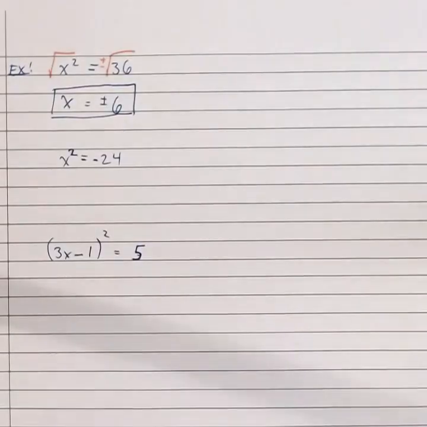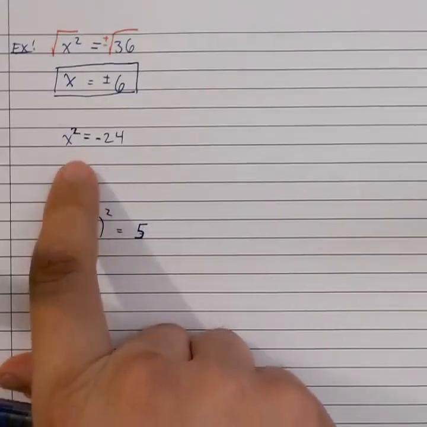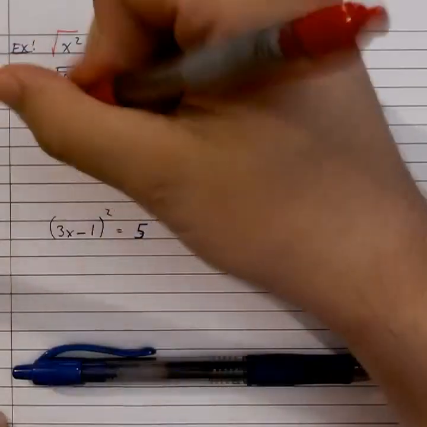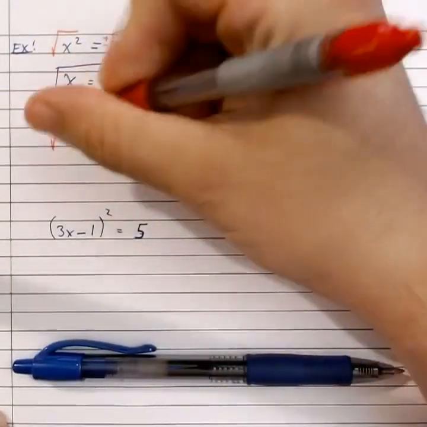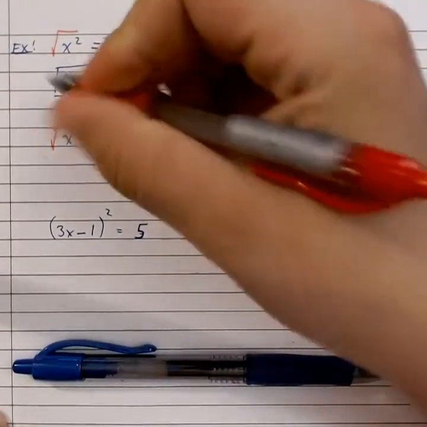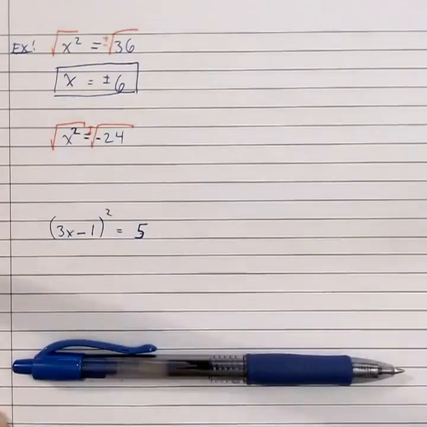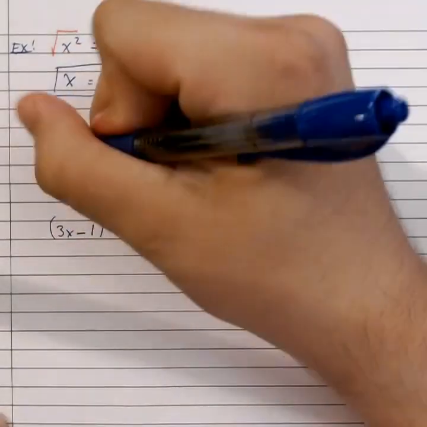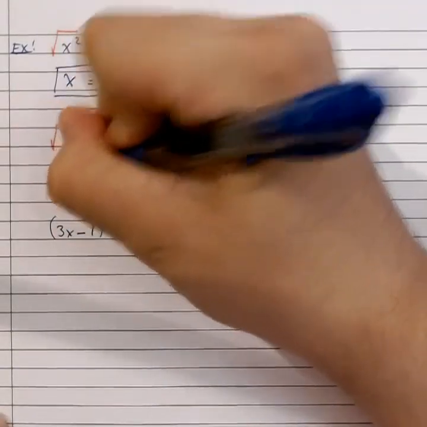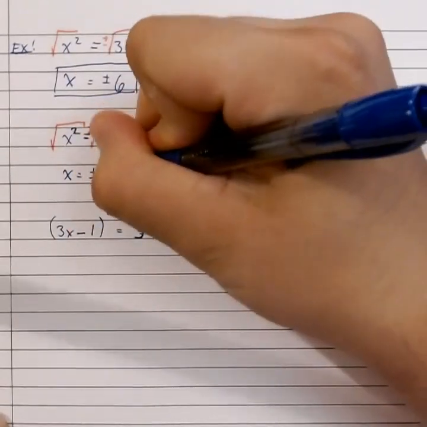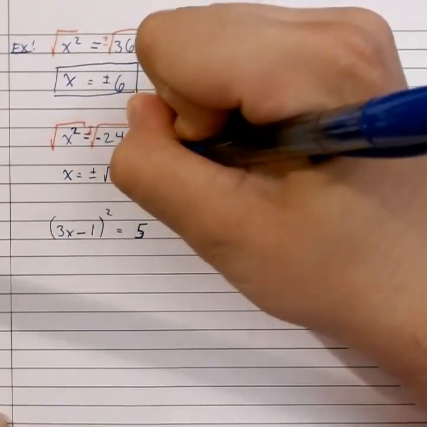Nice and short. This one's slightly longer because, yeah, I can take the square root of this side and just get rid of the square, but now taking the square root of this side is going to take just a little bit of work. Now remember, there's two square roots, one positive and one negative. So that's going to give me an x right there by itself is equal to plus or minus the square root of negative 24.